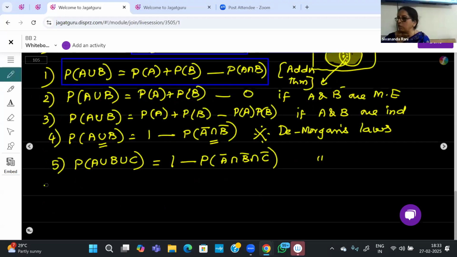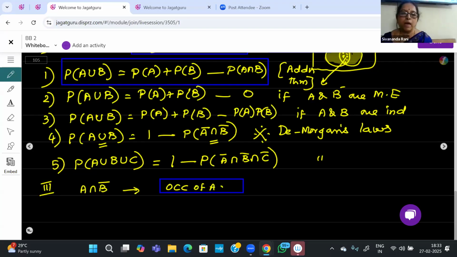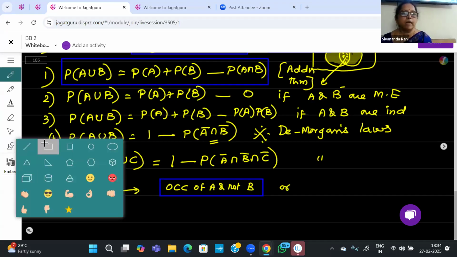Let us now turn our attention to A intersection B bar. Can someone tell me what is the terminology for this? A intersection B bar, occurrence of A but not B. Very good, occurrence of A and not B. So can I elaborate that?